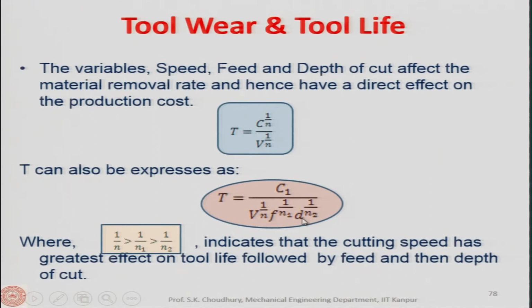Once again, I would like to emphasize that 1 by n is more than 1 by n1, more than 1 by n2; these are the powers of V, F and D respectively. V is the cutting speed, F is the cutting feed and small d is the depth of cut. This is found experimentally, and the conclusion is that V has more effect on tool life than the feed, followed by the depth of cut. These are experimental findings.